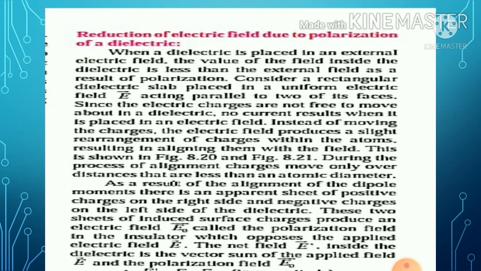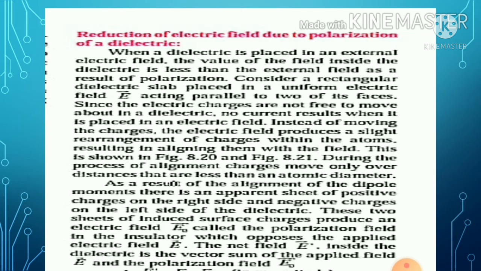Instead of moving the charges, the electric field produces a slight rearrangement of charges within the atoms.